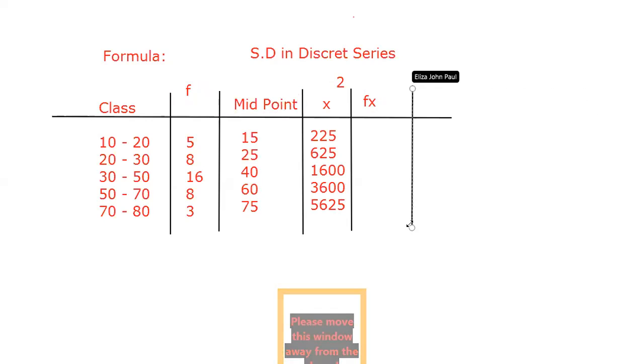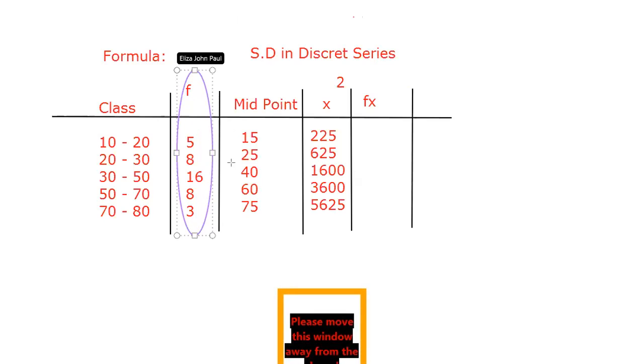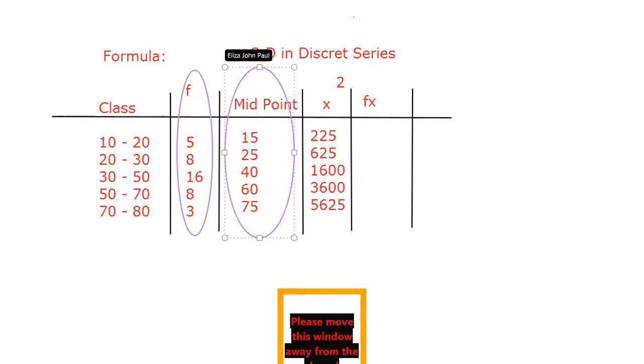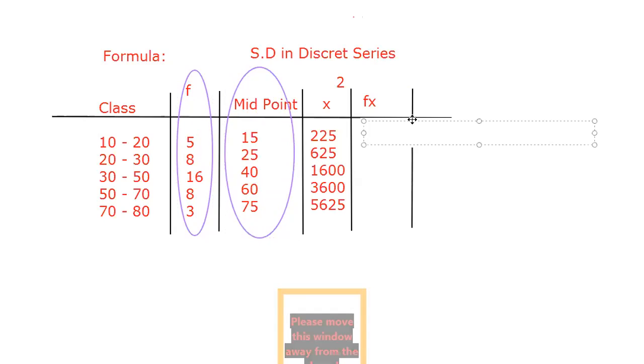So first we will multiply f value and x value, okay? We will do these two calculations, f into x. 5 into 15, that is 75.